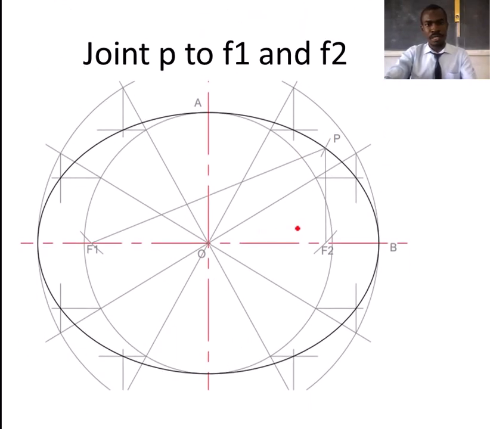The next step is you join point F1 to the point where you want to make the tangent. This point P can be at any point along the circumference of the ellipse. You join point F1 to point P and point F2 using construction lines.